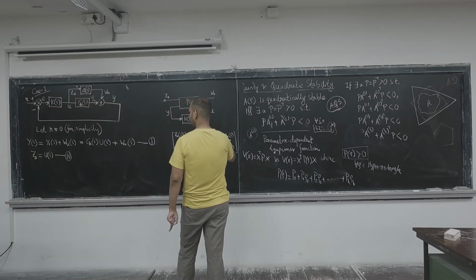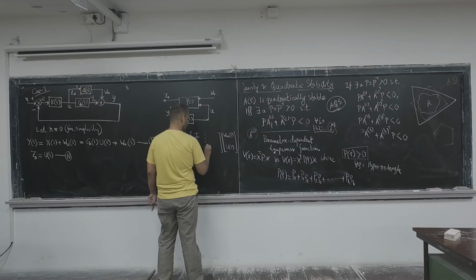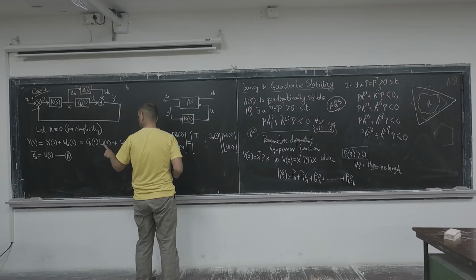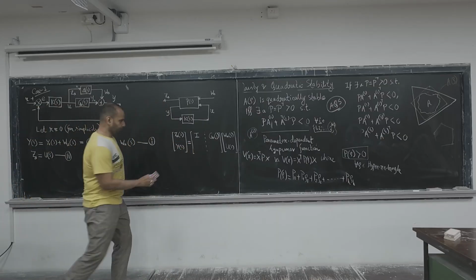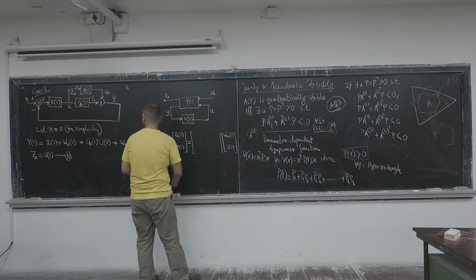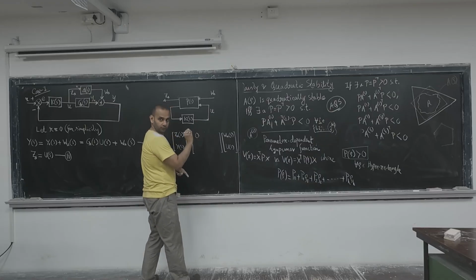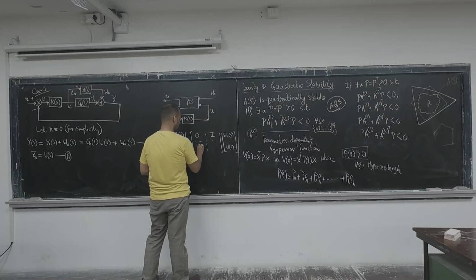So if this is I, then I, G0 of S, and then, sorry, please wait. I wrote it for Y first. So that is 0, it's a matrix, not scalar 0. Then I, this one I again.